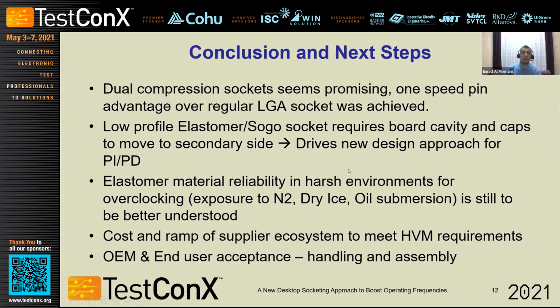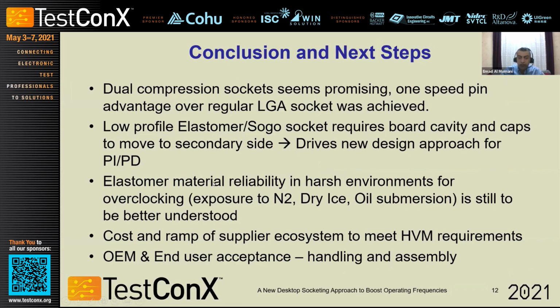In summary and conclusion, with these dual compression sockets, the elastomer and the SOGO bins, they are showing us a promising speed advantage over the original socket. Of course, these drive some change to the platform to accommodate the mechanical side, and this will drive some new approaches when it comes to power delivery and power integrity.